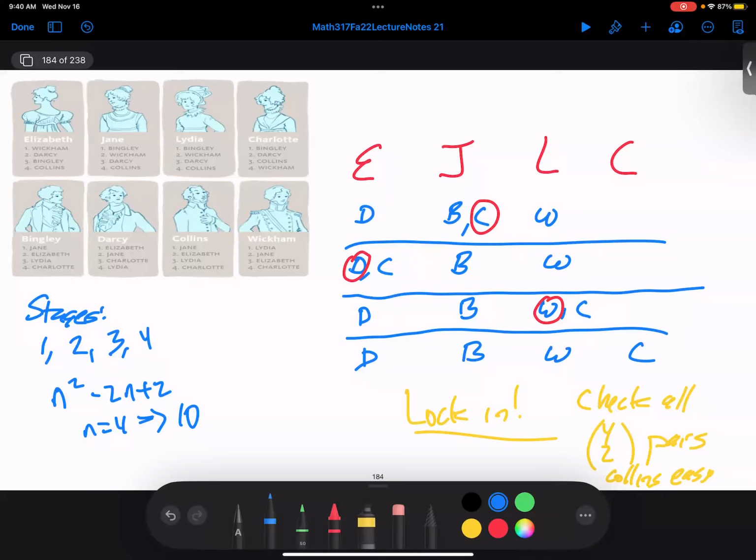But you can go through and look at all possible pairs for 4 people. So how many ways would you have to assign for 4 people? How many cases are there? How many ways can we assign the preferences to the 8 people?